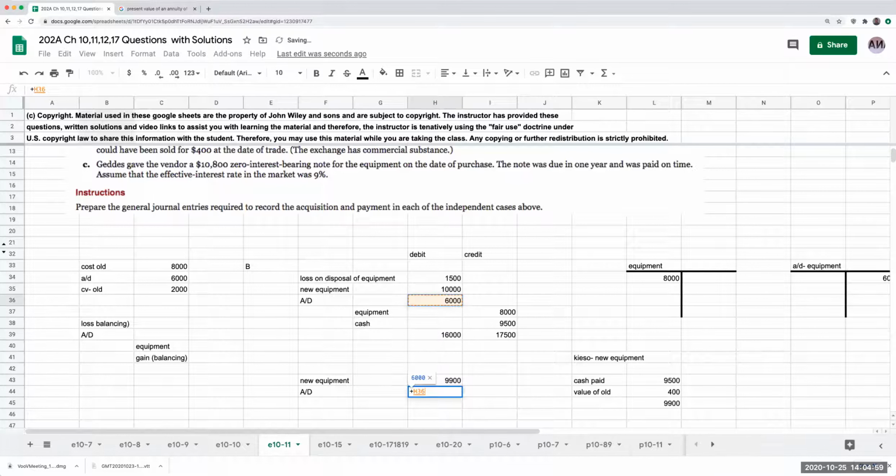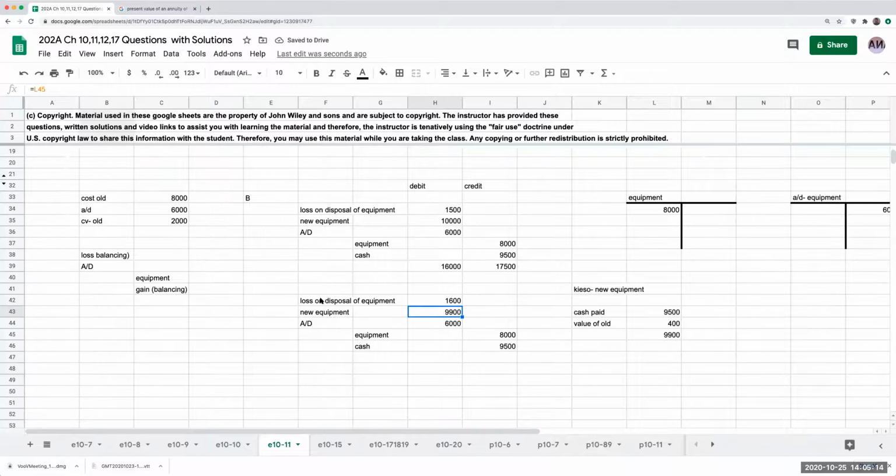The same thing goes over here. You still have to take the old equipment off the books, and this part here is not changing. What does change is you're recognizing a loss on the disposal of equipment over here for 1,600. So this is the way that Kieso is going through and doing it.